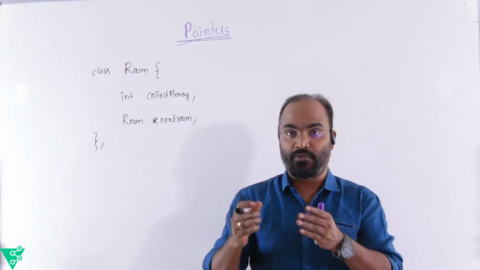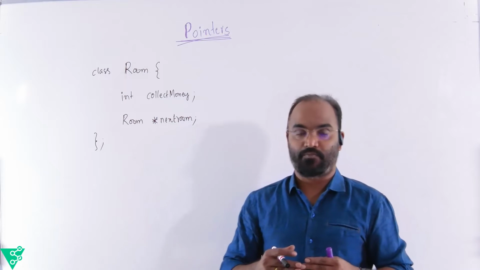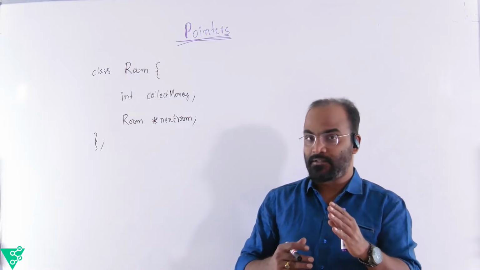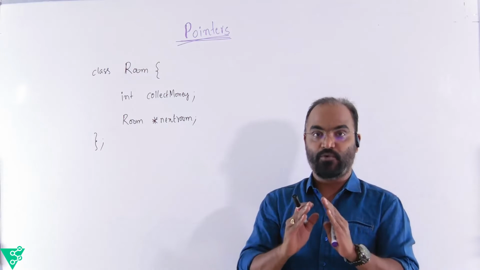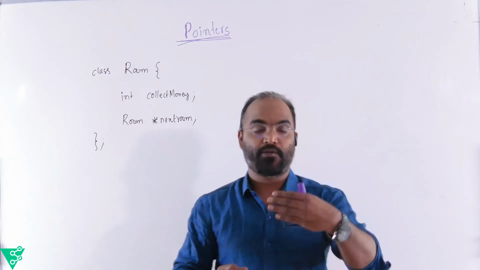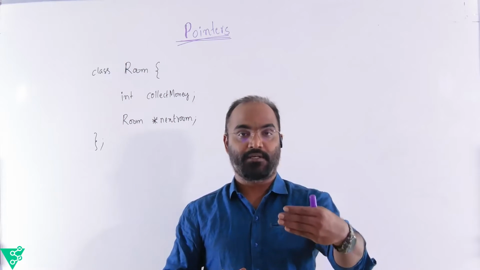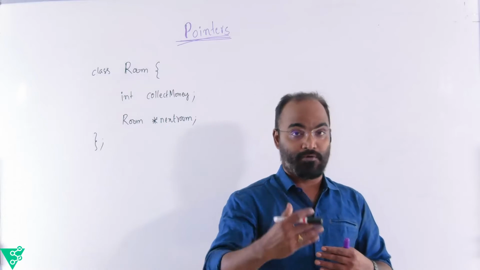So where do you store it? Unless you get into the first room, you cannot get into the second room, right? That is clear. Because the house is locked with the main door, and you got the starting pointer address, and you got into it. In order to get into the second room, you need the address of the second room, that is the door to the second room.